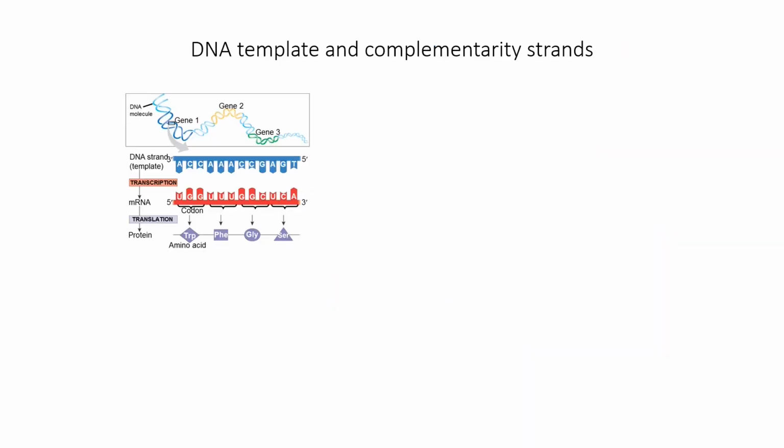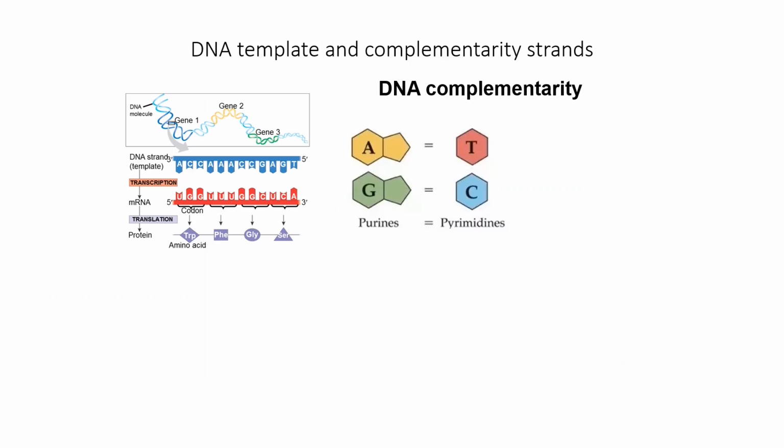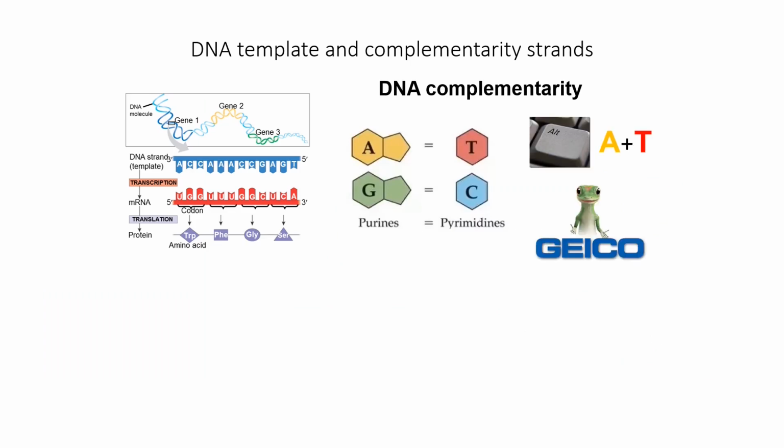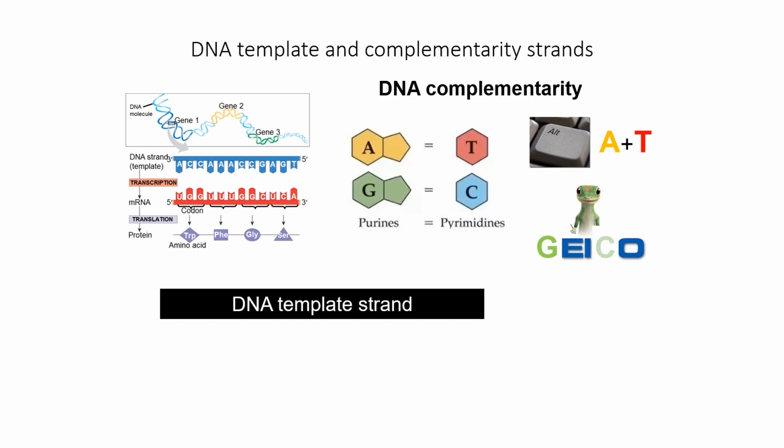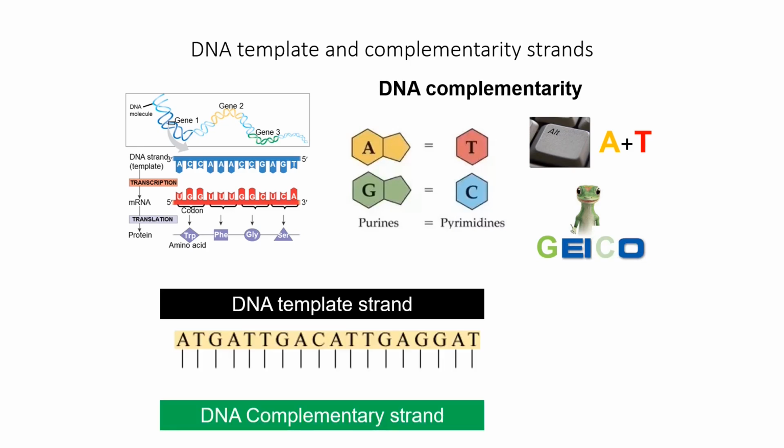And you can even do one exercise, something that could appear in the test. If you remember this AT and G and C, I can give you a template strand. So for example, you have this A here, and I can ask you the complementary of each one.